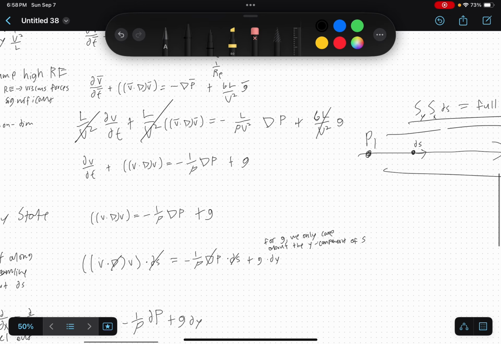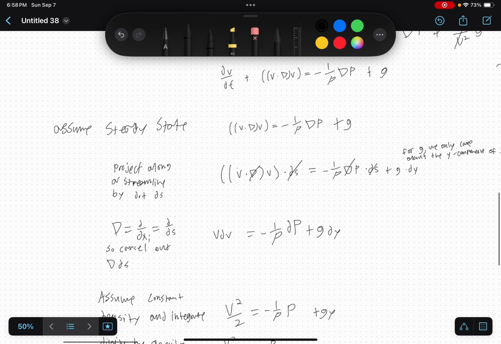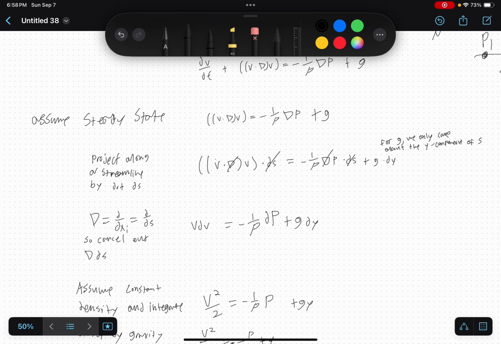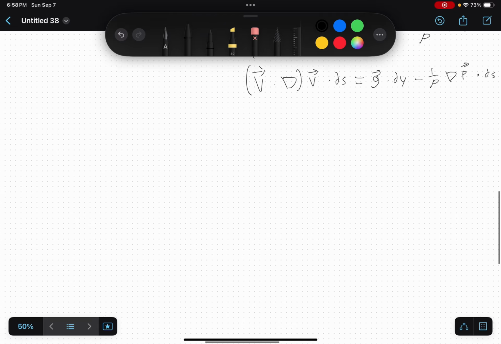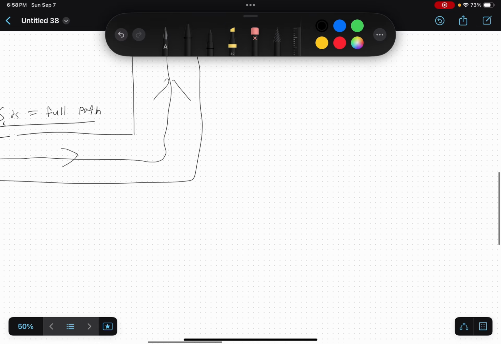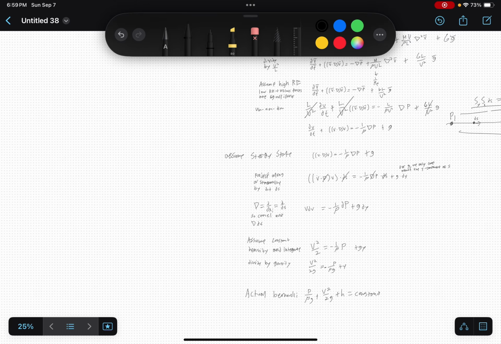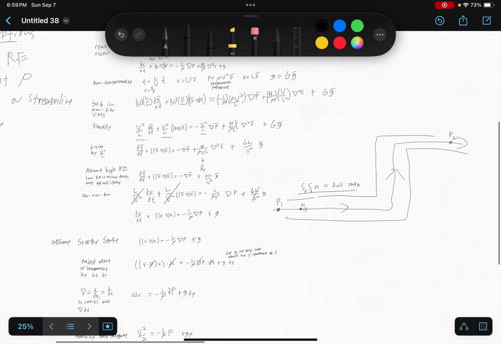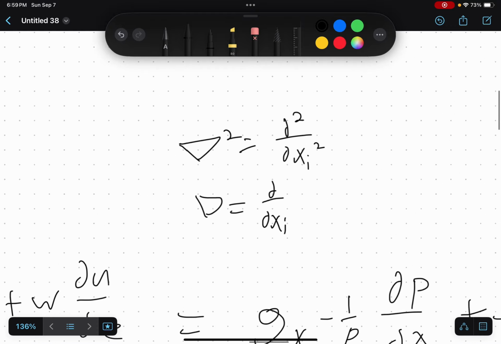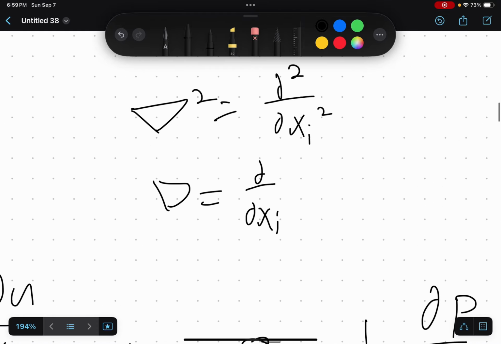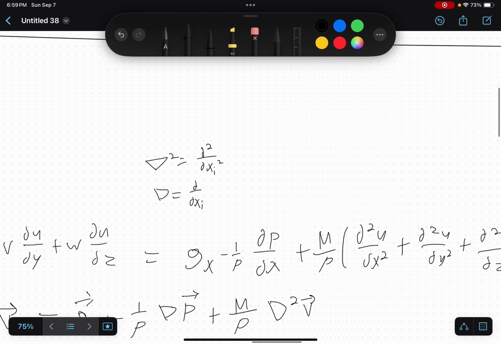All right, what does this allow us to do? Well, I explained it over here. The definition of a gradient is d over dxi, so dx, dy, dz.